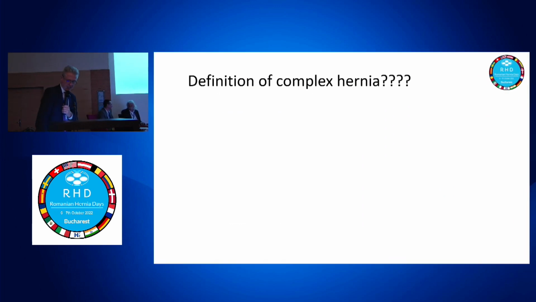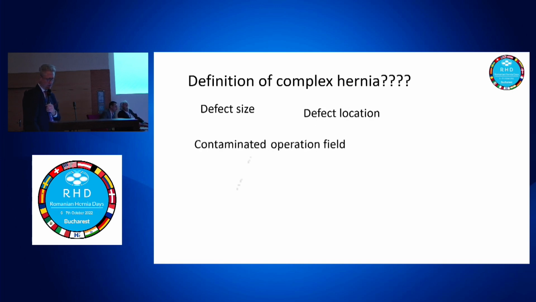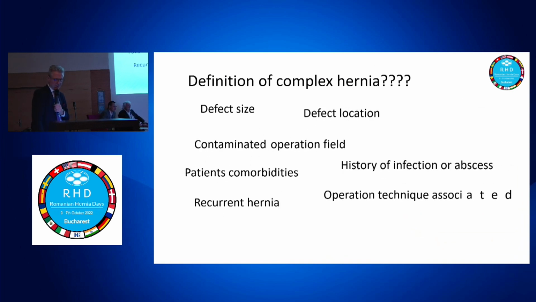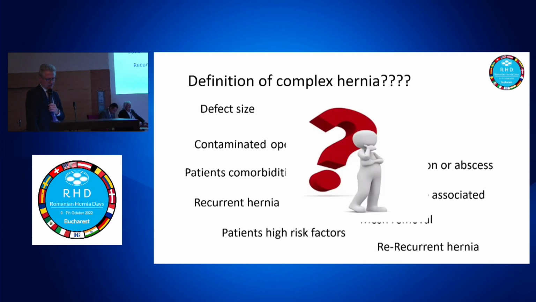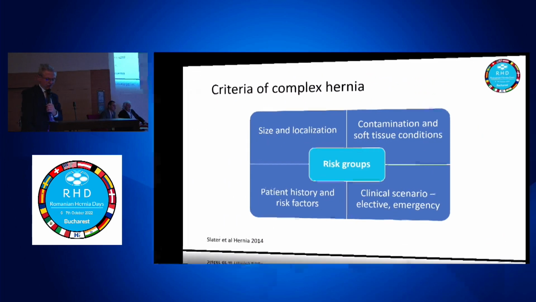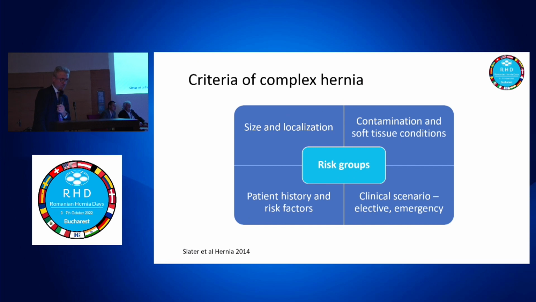And I would like to start. We already had this paper of Slater, but what's the real definition of complex hernia? There are a lot of things to look at, and of course we have this consensus. This was published 2014 and relies on size and location, contamination, soft tissue conditions, patient's history, risk factors, and of course the clinical scenario, elective or emergency.